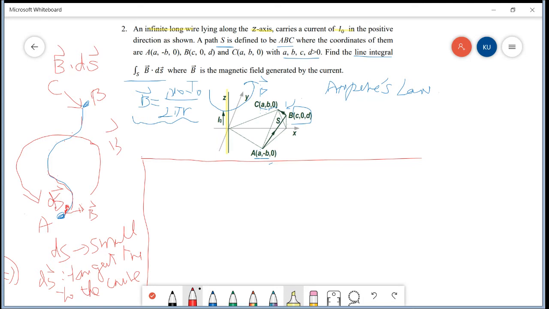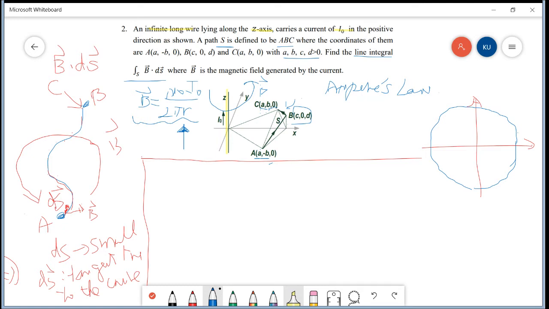Maybe we can draw another figure like this. We assume we have a circle, something like this, because the magnetic field will be symmetric, since this is a cylindrical coordinate.